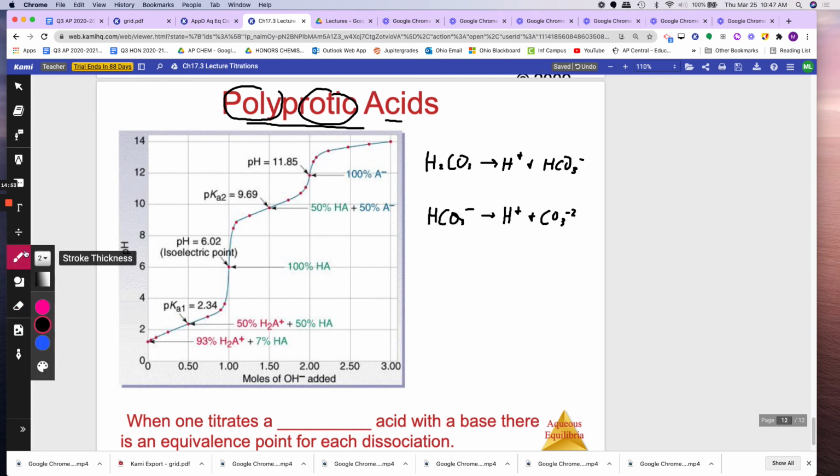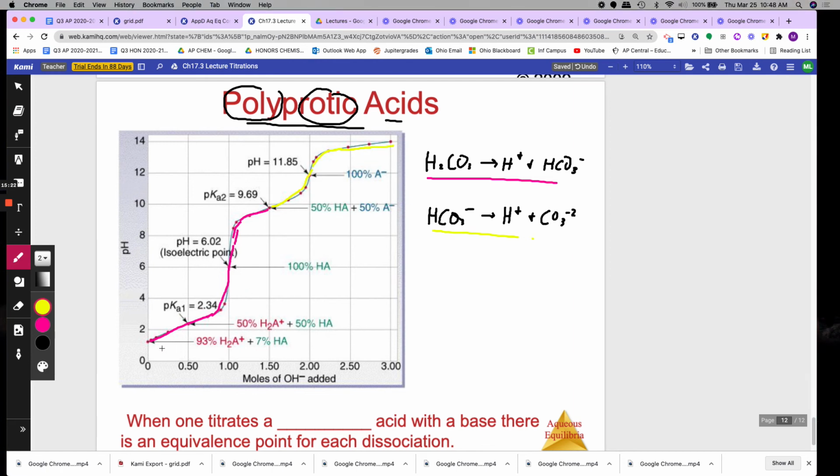So you can see the first one starts here and the equivalence point ends here, and that's for the first dissociation. Then the second one starts here and it goes up here. That's for the second dissociation.